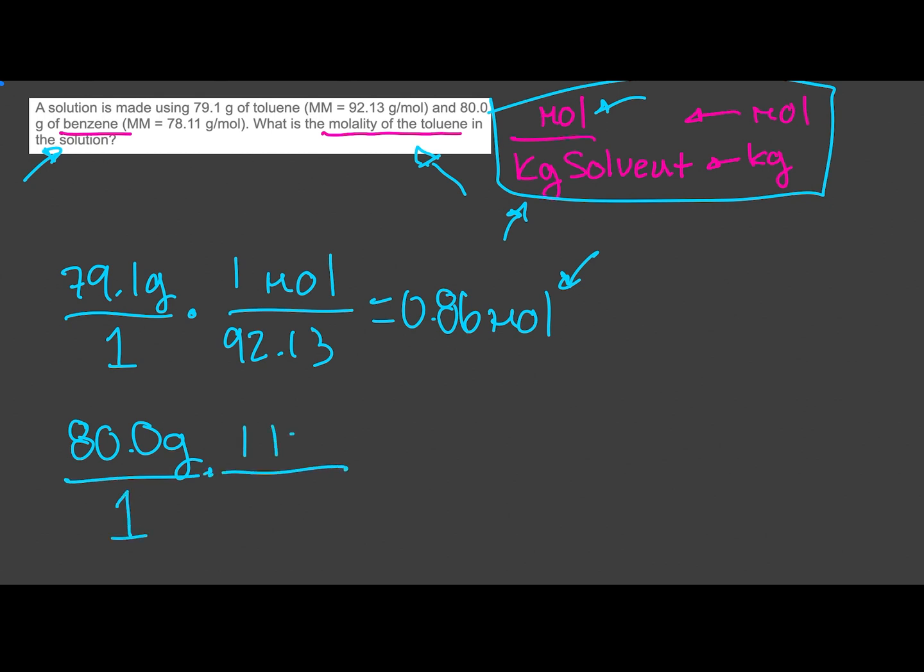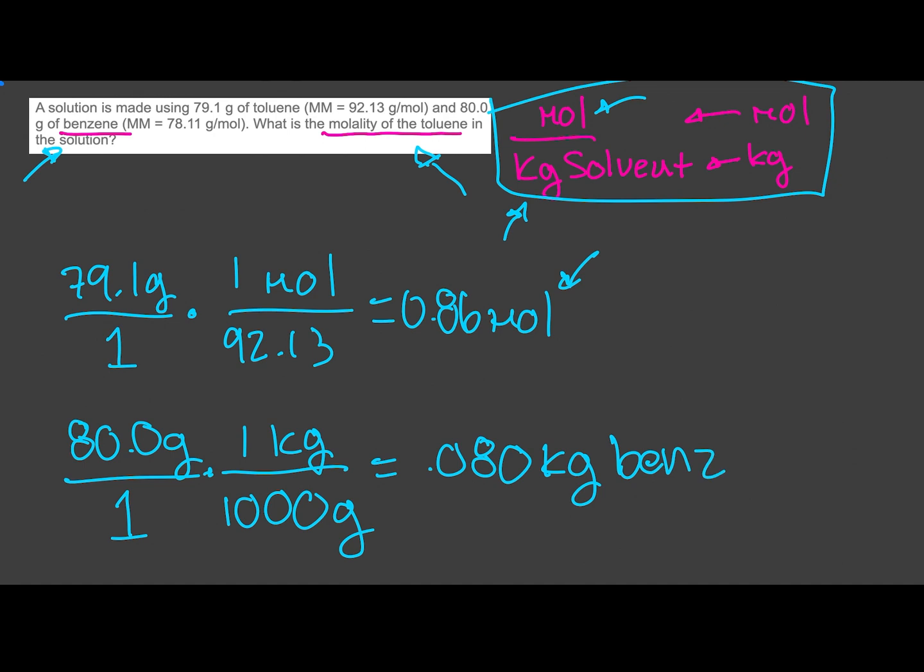Per 1 kilogram, there are 1,000 grams. That's going to equal 0.080 kilograms of solvent, or benzene.